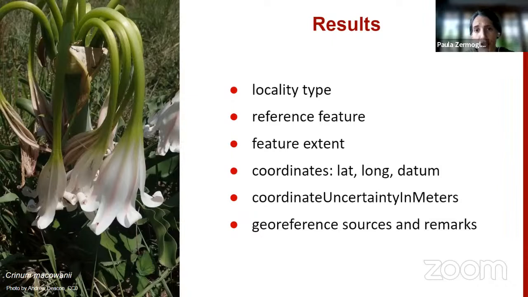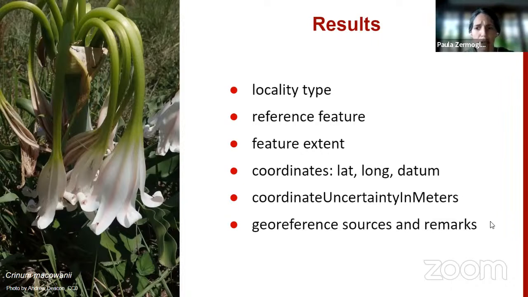If there is any feature that you use as a reference, the feature extent, it doesn't have to be exact, but more or less the extent. And then the georeference, the minimum georeference. And here a clarification, just in case. A minimum georeference has to have the coordinates, latitude and longitude, the datum, and the coordinate uncertainty in meters. So those are the 3 components of a minimum best practice georeference: coordinates, datum, and uncertainty.